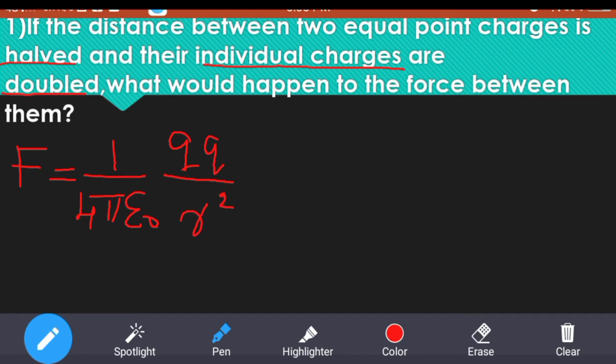Again we are going to apply the conditions given in this numerical. The new distance is half of the first one, and the charge is doubled.